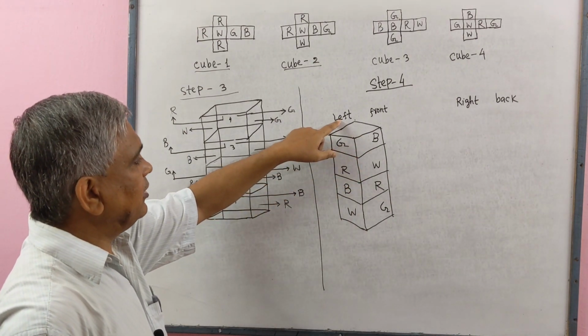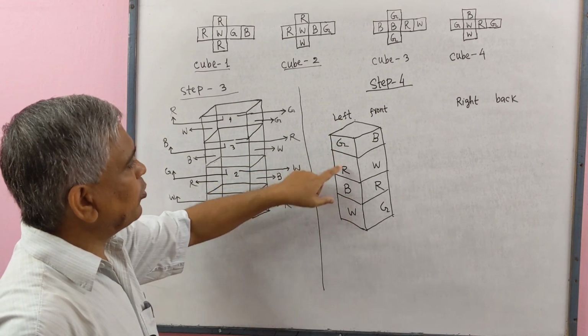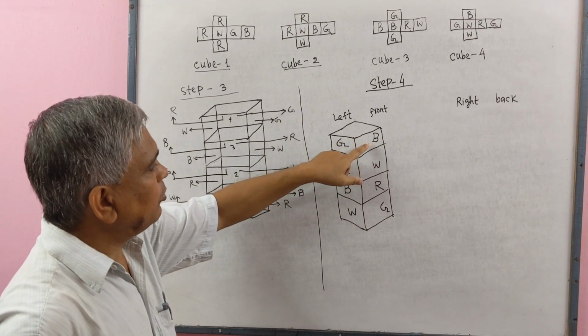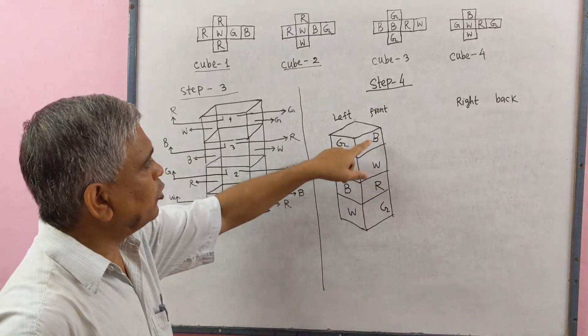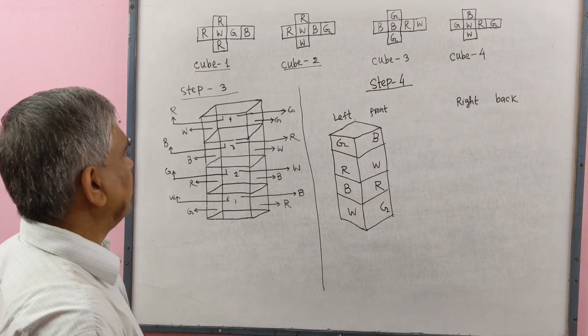Here we see that in the left face, 4 different colors in 4 faces. In the front face, we also see 4 different colors in the 4 faces. Similarly, we see in the right and back.